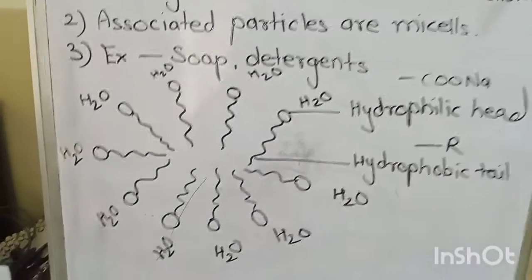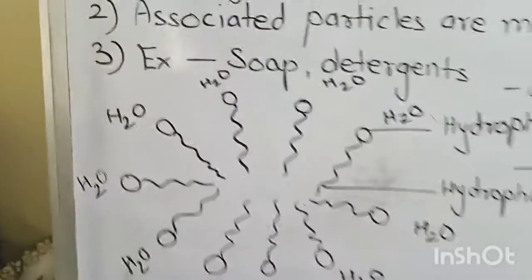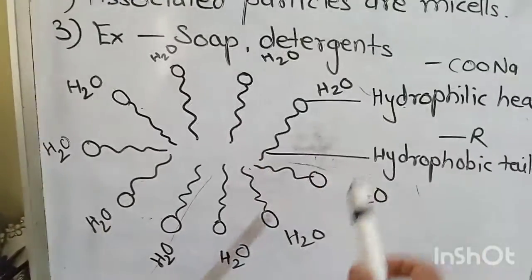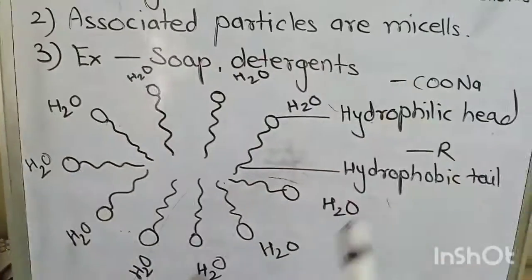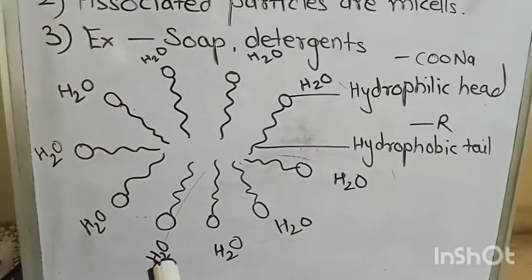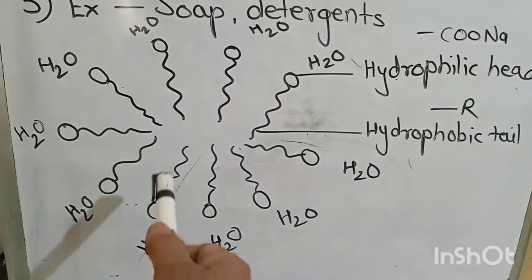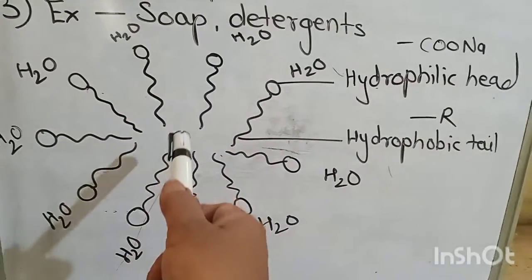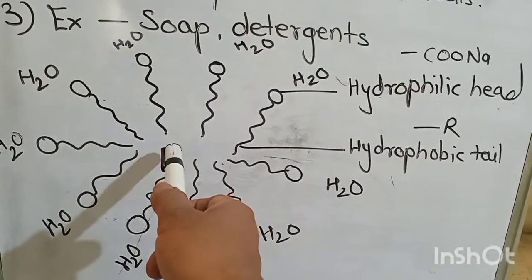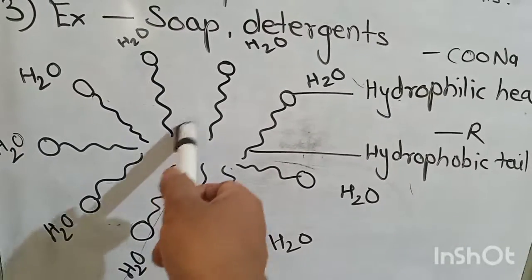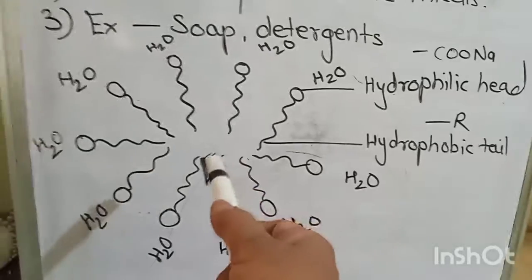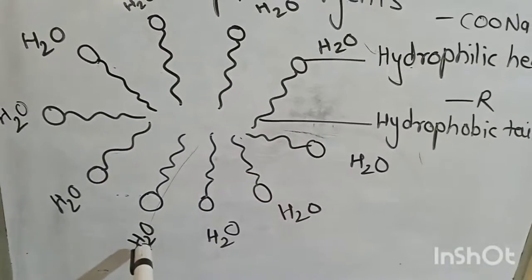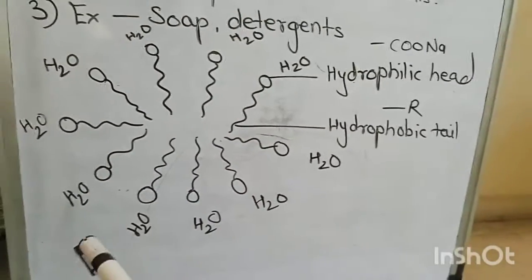When soap is dissolved in water, soap particles arrange themselves in a circular manner, and this circular bigger arrangement is called a micelle. The hydrophobic tail is near the dirt or oily part, and the hydrophilic head is at the surface.